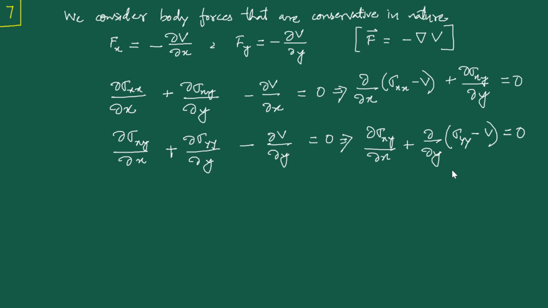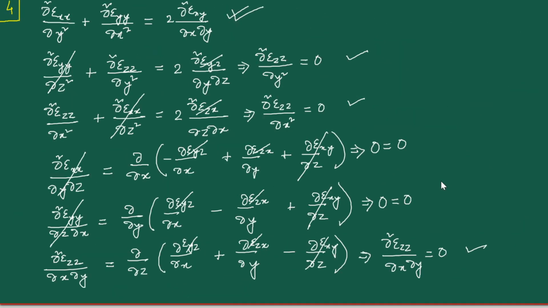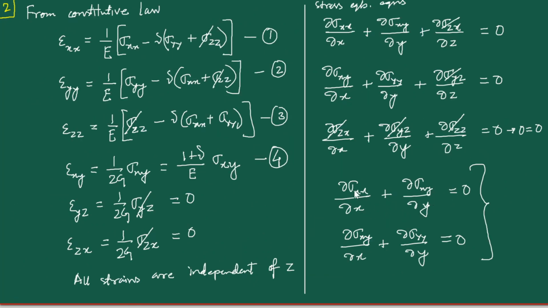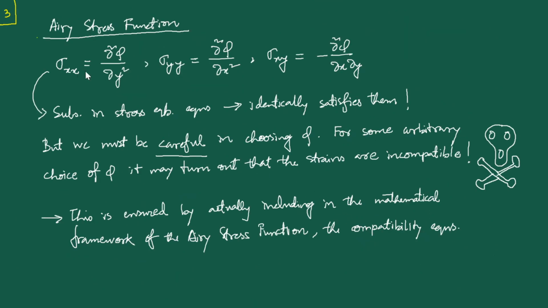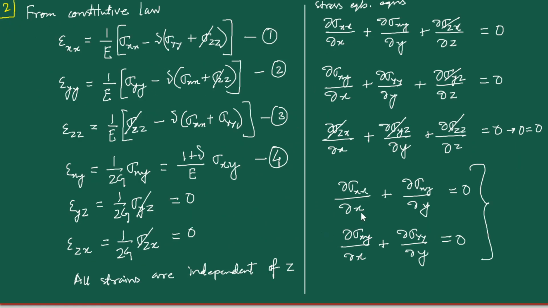Okay, now if you just compare with what we had obtained earlier. Okay, so see here, when we had only the sigma xx setting and the sigma yy setting without the V terms, in the very next page we were able to write this down. Okay, so now the only difference is that here we have a del x term along with a minus V, and here we have a del y term along with a minus V. That's the only difference.